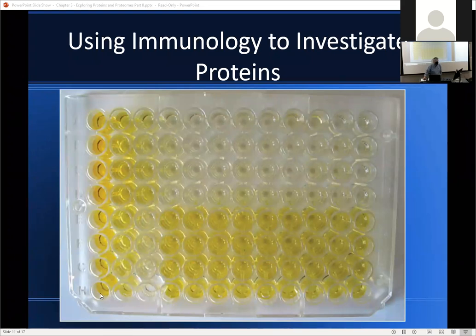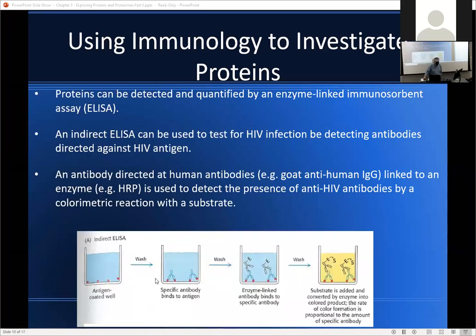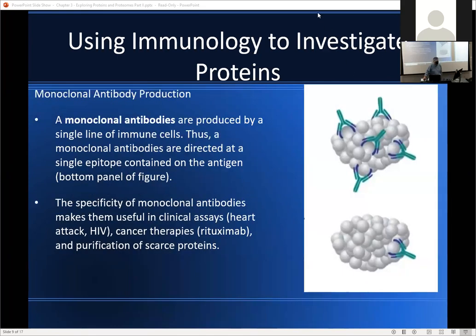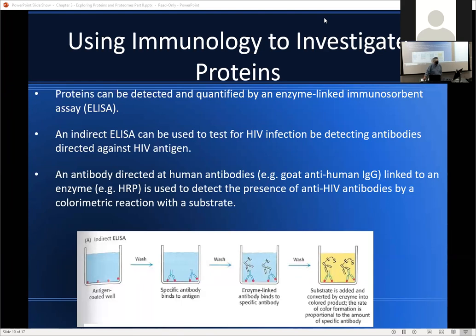They kind of look like a 96 well culture plate, like we would use to grow up the hybridoma cells. But this is an ELISA plate here. Each one of these circles is a well. And here in this diagram, each one of these represents one of those 96 wells that I showed you in the ELISA plate. Okay, so in an indirect ELISA, the first step is to coat the wells with antigen.